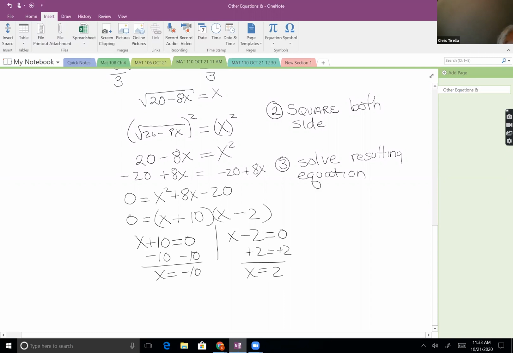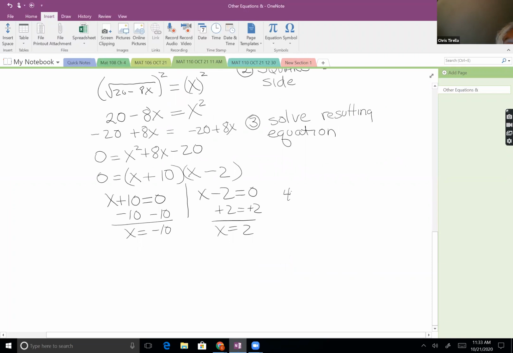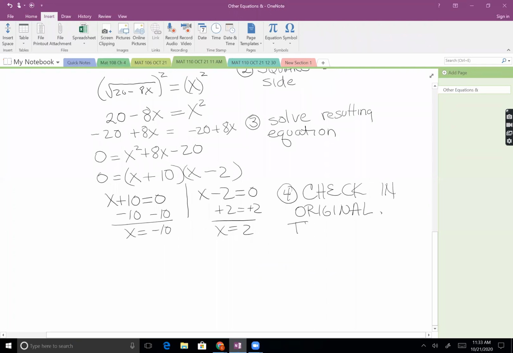And again, we've got these two solutions, but we're not sure they both work. So with these, it's always important to check in the original. There might be extraneous roots. So we could have done everything right, but still get a solution that doesn't work for our original problem.